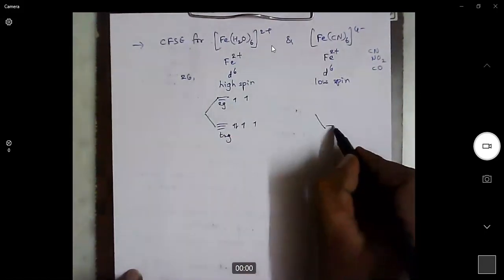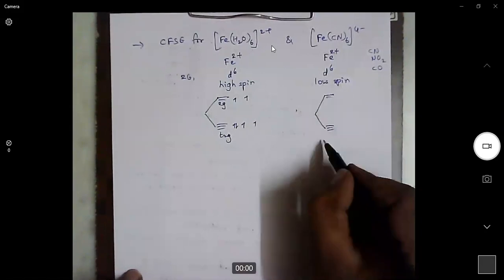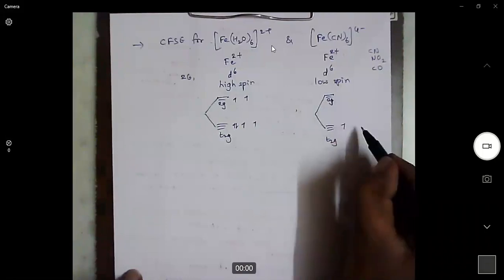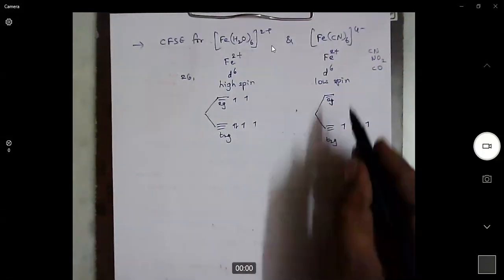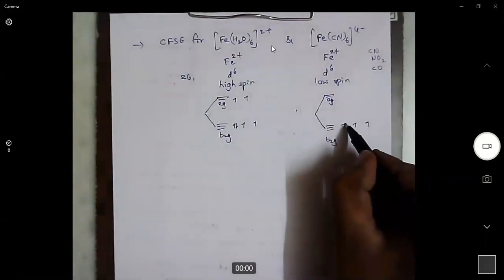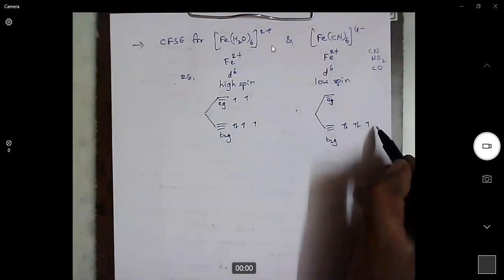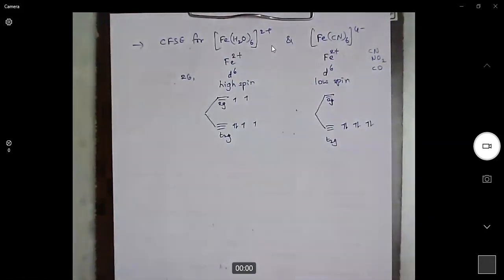Whereas in a low spin complex, t2g, eg: first electron, second electron, third electron, because it is low spin, it will start pairing here itself, fourth electron, fifth electron, sixth electron.